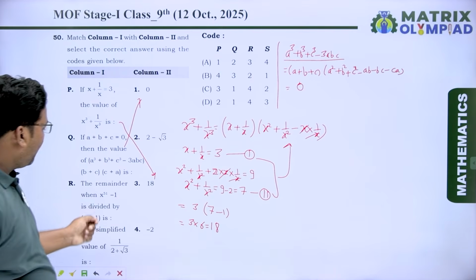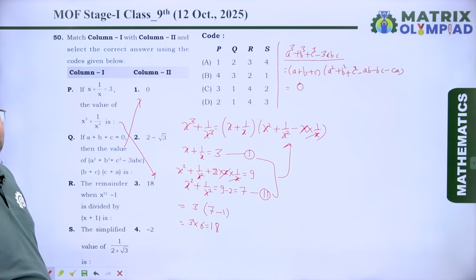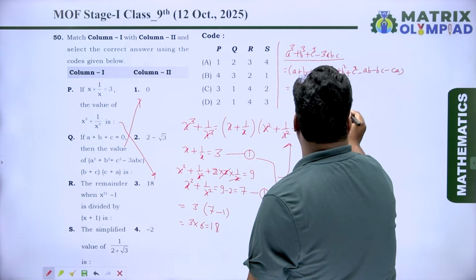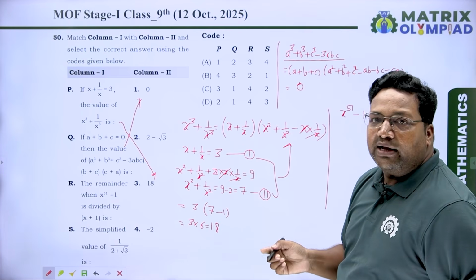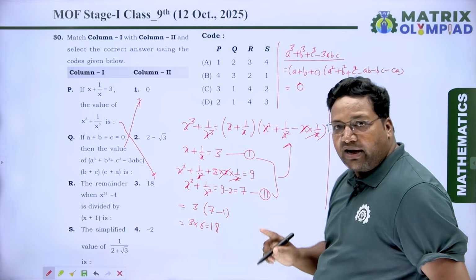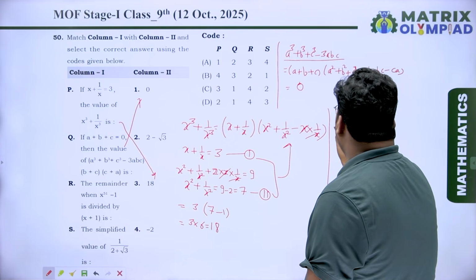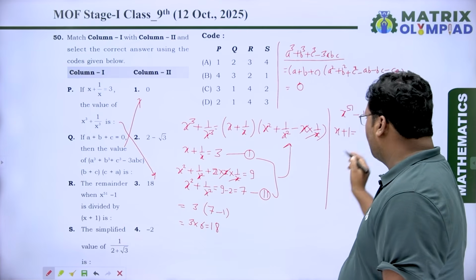Next is the remainder when x to the power 51 minus 1 is divided by x plus 1. Here you can see the expression is given as x to the power 51 minus 1, and we have to calculate the remainder when we divide by x plus 1. So we have to apply the remainder theorem. For the remainder theorem we put x plus 1 equal to 0.